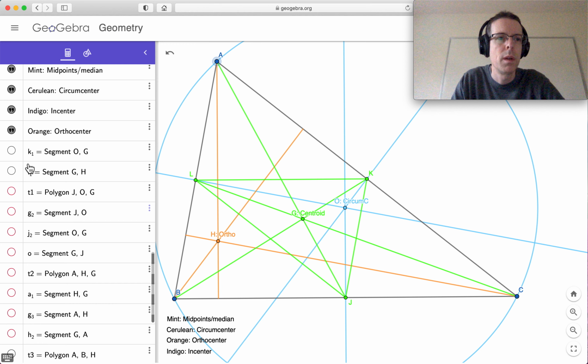What I'm going to do first is produce two straight lines. I'm going to connect O to G using a straight line and G to H using a straight line. Now, immediately we see the line, which is the Euler line. But for the purposes of the proof, I do not wish to assume that this line is a straight line.